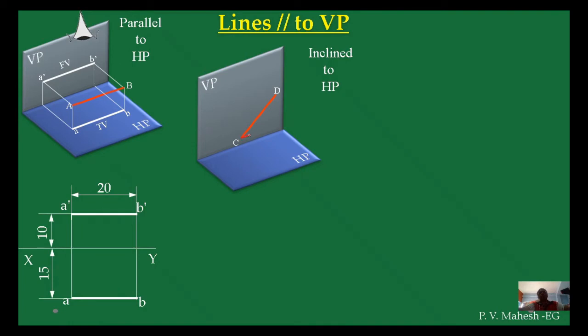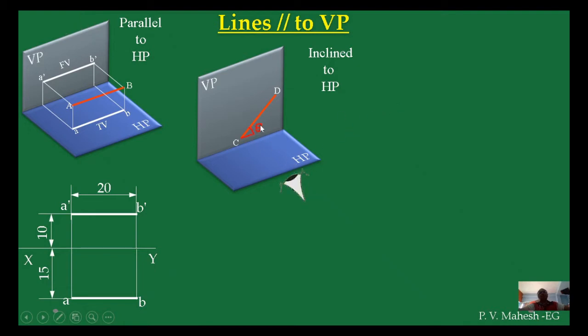So if you see here, it is at some angle with HP. Because this line is inclined at some angle with HP, we will see the true inclination in front view as well as the true length in front view, because the line is parallel to VP. So you will see the inclination of the line with HP in front view.